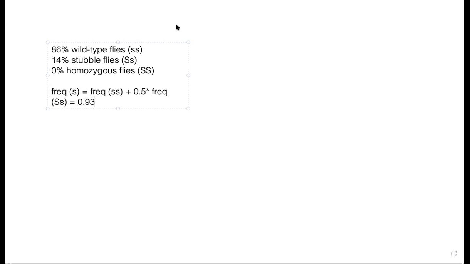If you want to do it the long way, I don't really care how you do these problems as long as you get the right answer, but you could imagine a population of 86 wild type flies that are homozygous recessive and 14 heterozygous flies that are stubble.